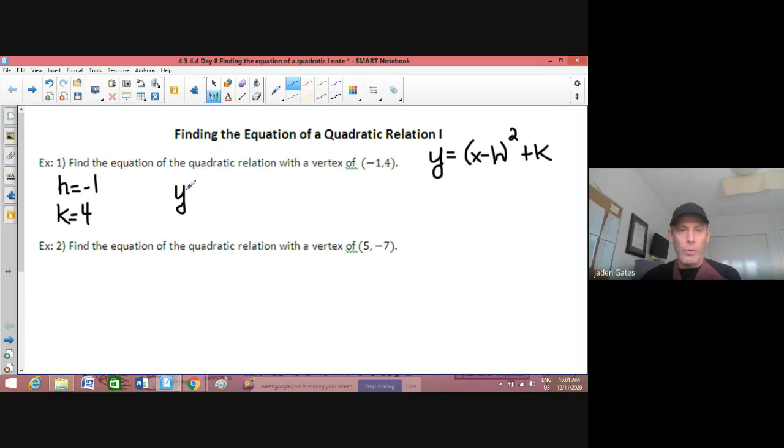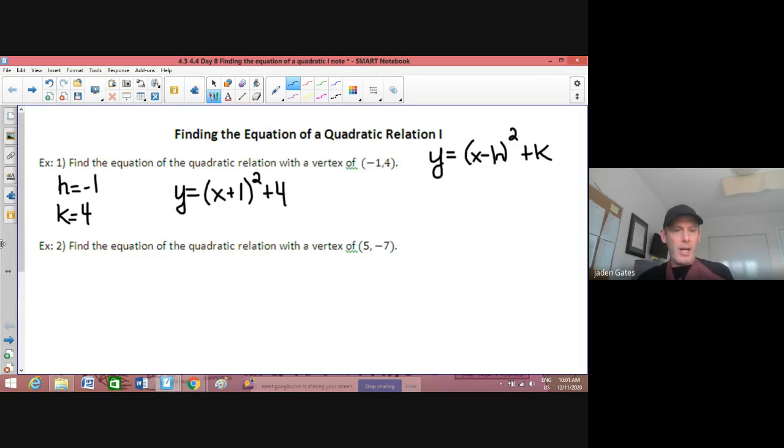I go y equals x. Now, here's the tricky part. My h value is negative. There's a negative sign in the equation, so those two negative signs come together to give me a positive. So I'm going to have y equals (x plus 1) squared. But I also have this k value where my parabola is being shifted up 4. So plus 4. So it's kind of working backwards.